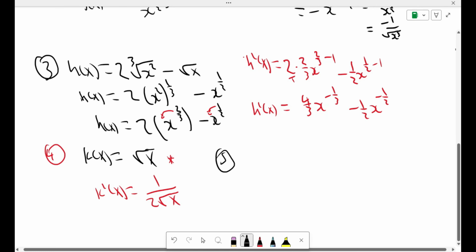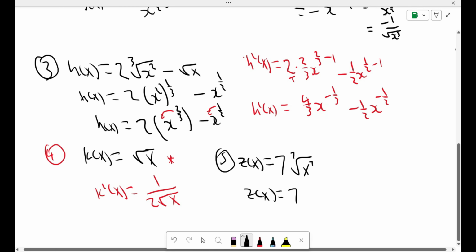Number 5, let's see what we can have here. The last one, z of x is equal to 7 times the 7th root of x to the power 7. So here we must simplify z first.